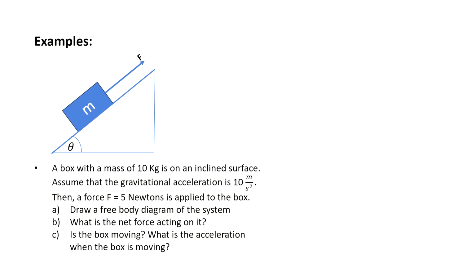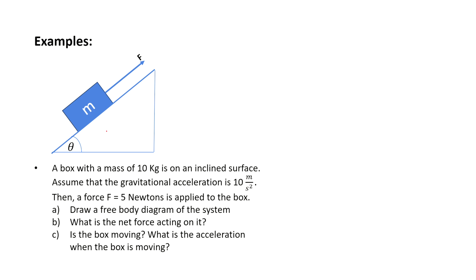Okay, next. I guess this is the last question. A box with a mass of 10 kg is on an inclined surface. I guess it's actually the same as the previous questions, but the box with a mass of 10 kg is located on an inclined surface.